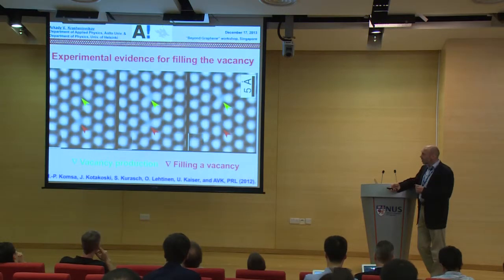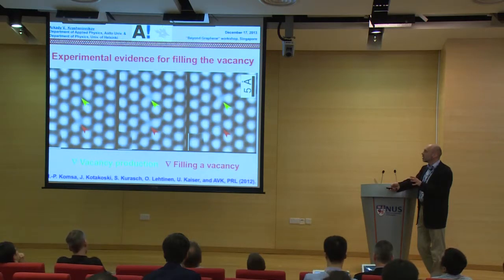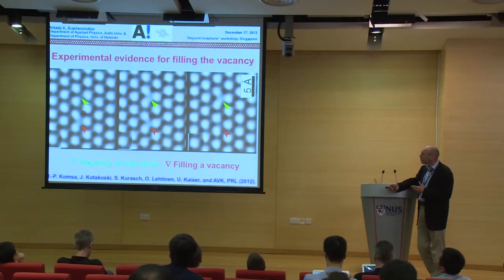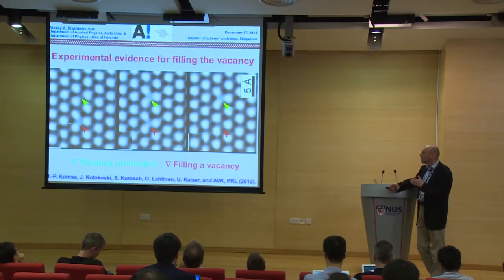Okay, and this is a piece of evidence from the experiment that some sort of in situ annealing of defects, basically passivation of dangling bonds, happens. So here we have vacancy production, and at the same time, in this particular place, some atom heals the vacancy, but we do not know if it's a sulfur atom or something else.